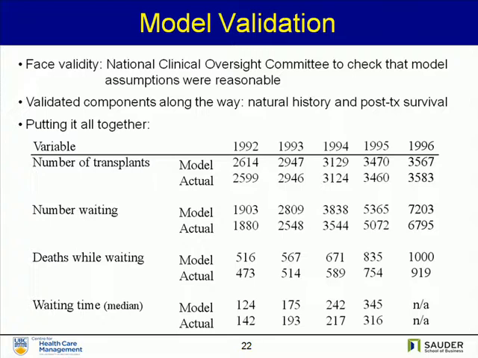How did actual patients fare in terms of number of transplants? How did our model predict the number of transplants over these different years? What were the number waiting on the wait list at the end of each year in our model versus on the UNOS wait list? How many deaths were there while waiting? And what was the average waiting time for a transplant?